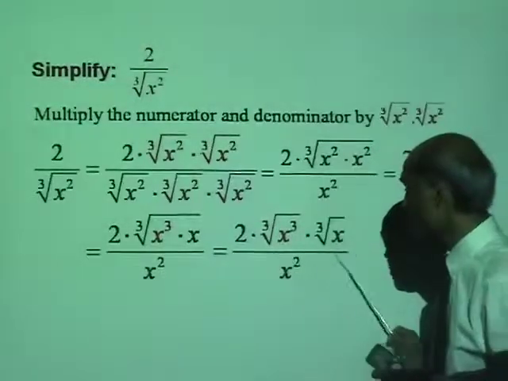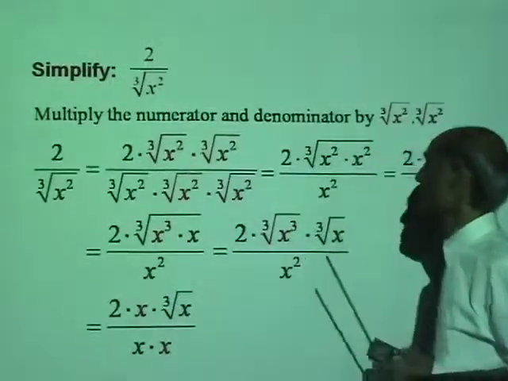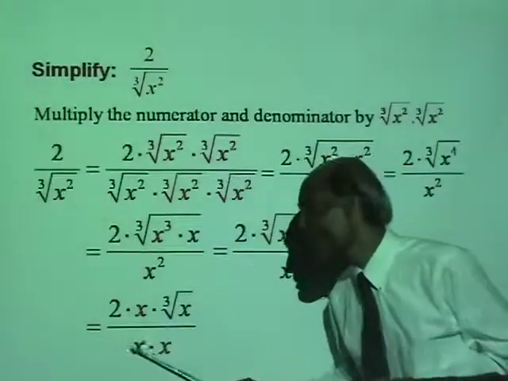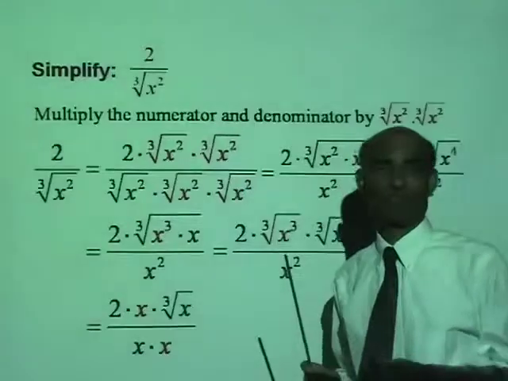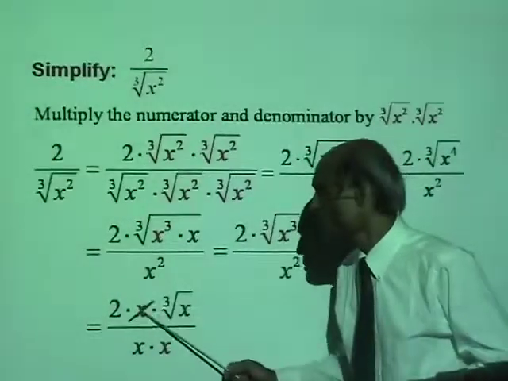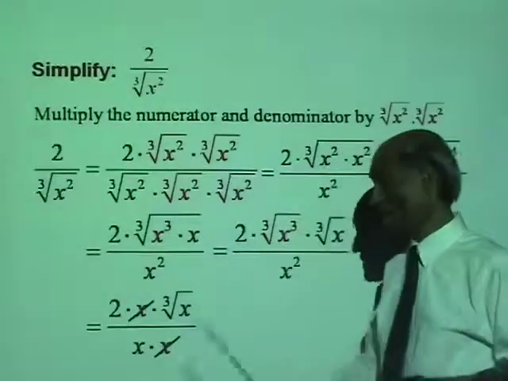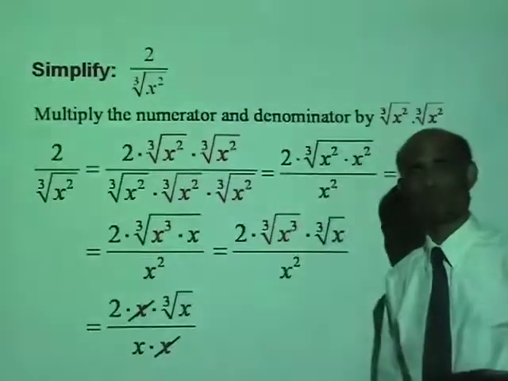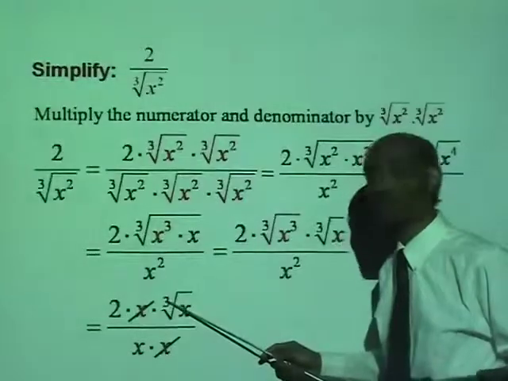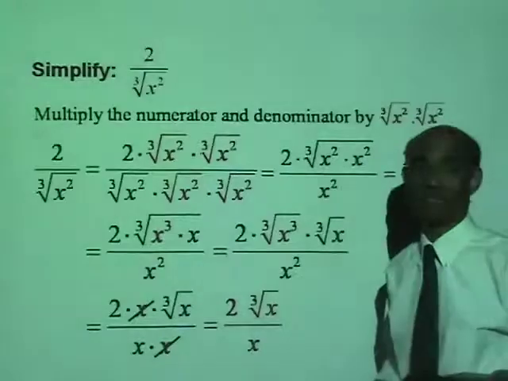So this numerator now becomes 2x times cube root of x, and x squared on the denominator I wrote x times x. Well, to make it easy for you to simplify, the x on the numerator goes with 1 x on the denominator, and what is our final answer? Our final answer is 2 cube root x on the numerator and x on the denominator.